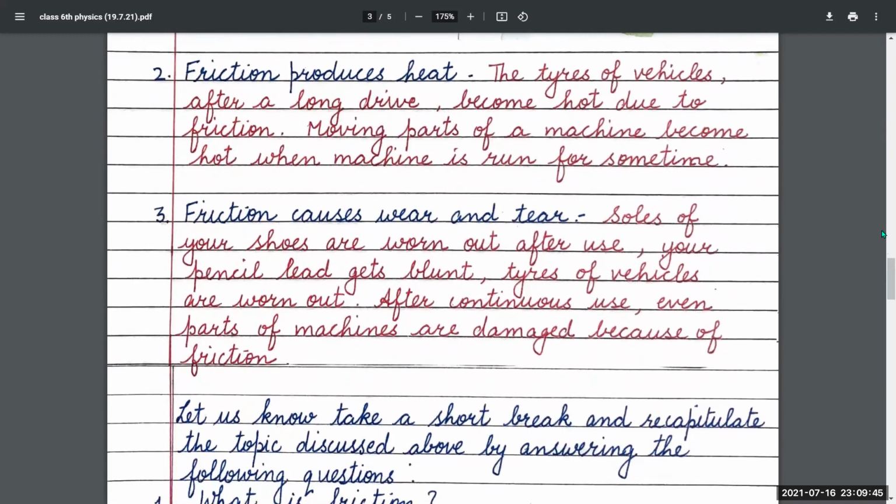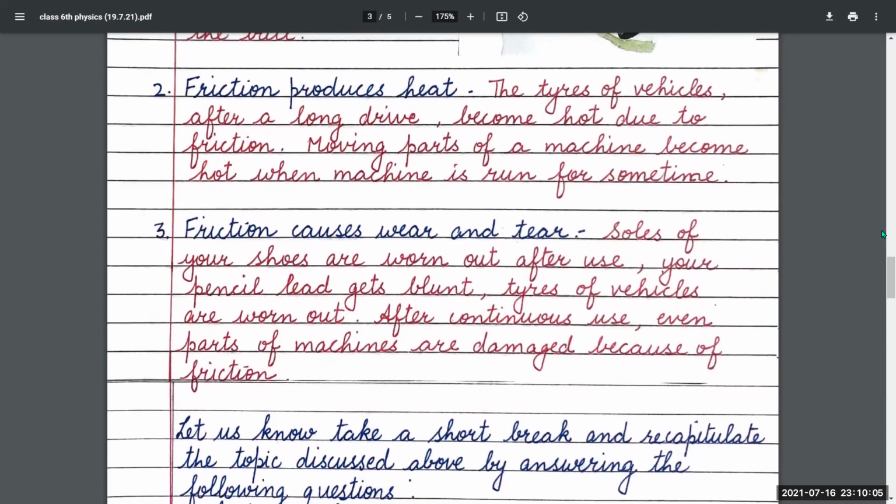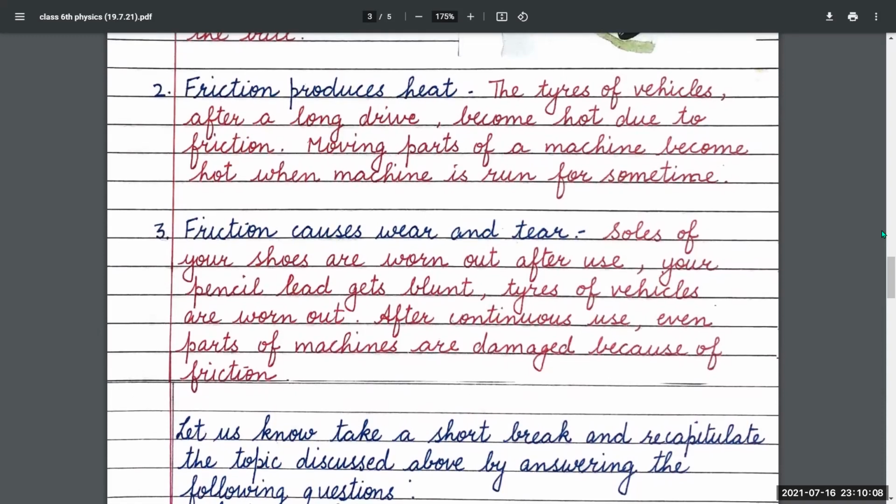Friction produces heat. The tires of the vehicles after a long drive become hot due to friction. Moving parts of a machine become hot when the machine is run for some time. Then friction causes wear and tear.